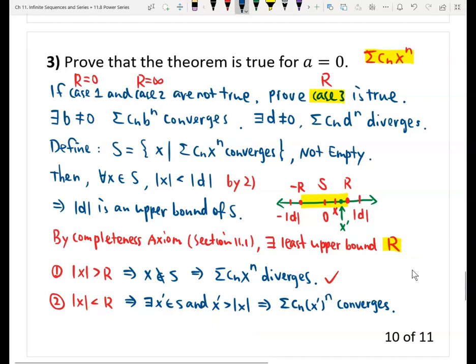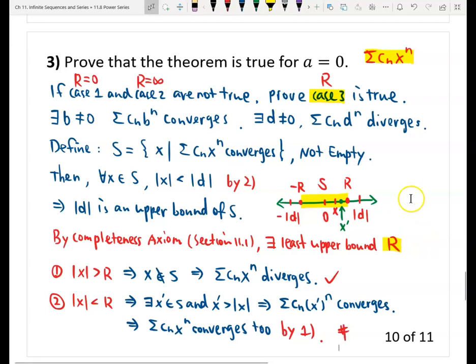So now we definitely can find this: Cn X raised to the nth power converges. Of course, we have the result from the first step. Do you remember? Why? Because X prime, this is a big X. X prime converges, so inside of it any number should converge, right? X is inside of X prime, therefore it converges. See, that's the proof for this case.